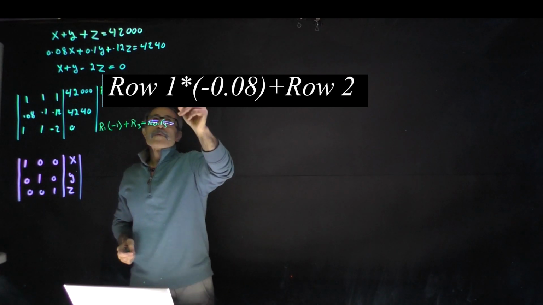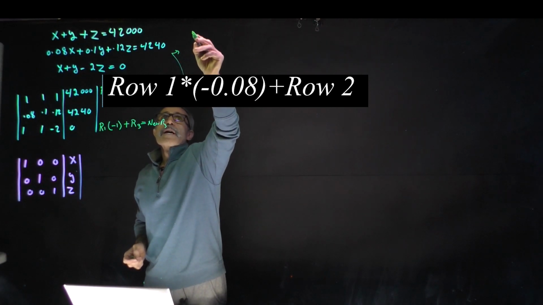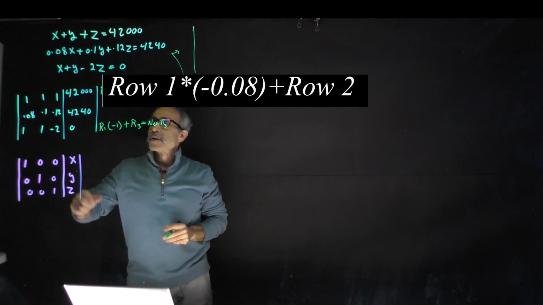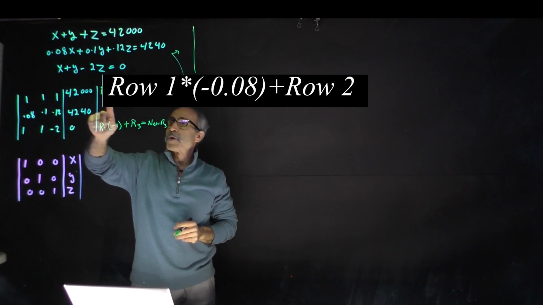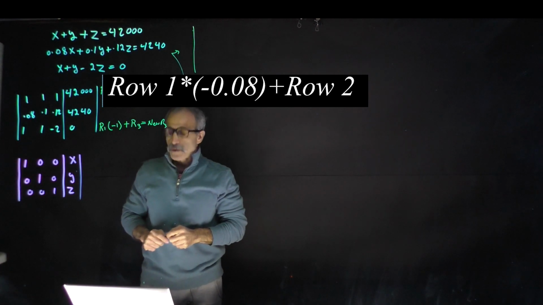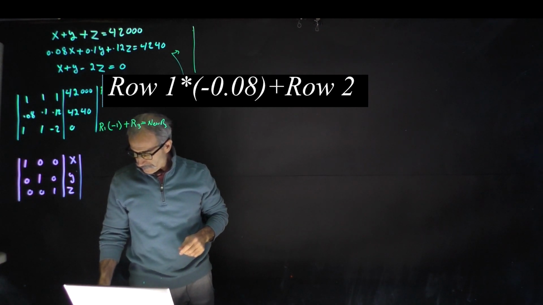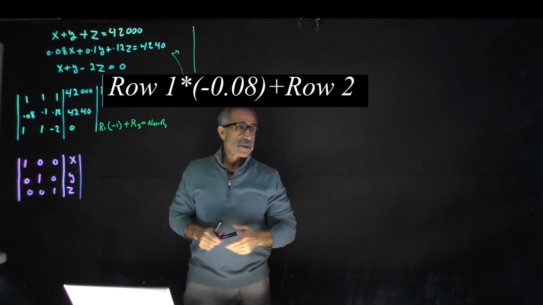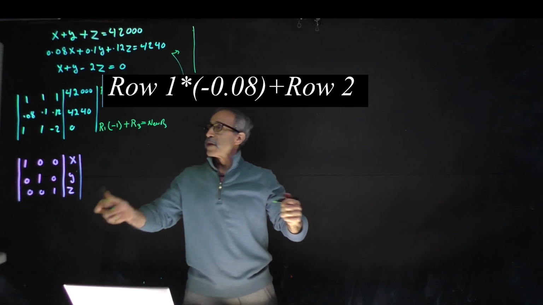What I mean by that, so bring this up here. If I multiply this by 0.08, let's do it over here. I'm just going to do that calculation right here, and I will erase it.